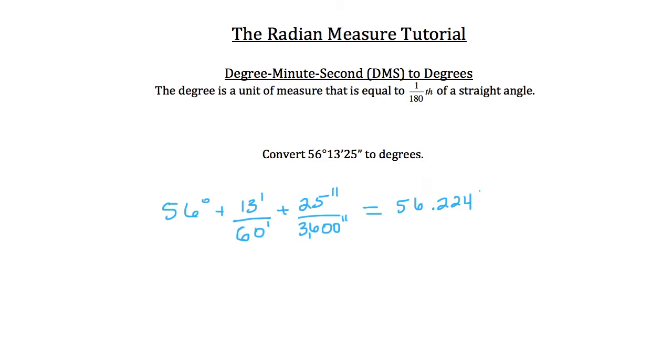56.224 degrees. Now with these problems, when you're given degrees like this in minutes and seconds, your minutes and seconds are never going to get you over the number of degrees that you have. So you're never going to go from 56 all the way up to 57 degrees, let's say, because every degree is an hour, and you only have 13 minutes and 25 seconds.